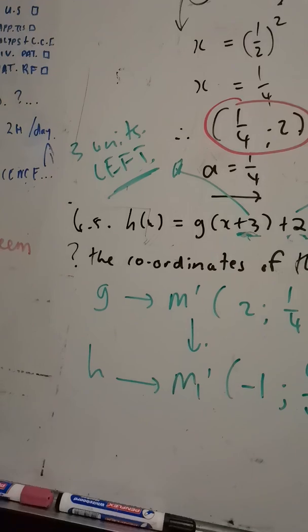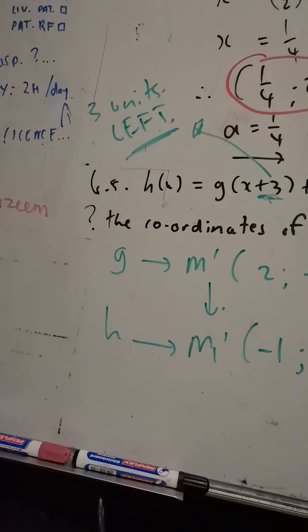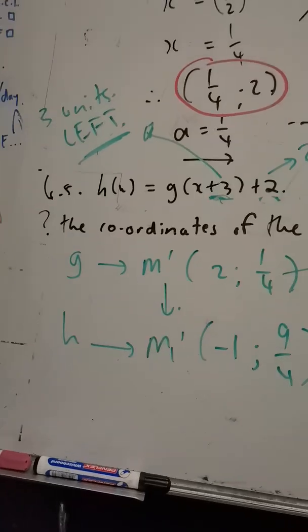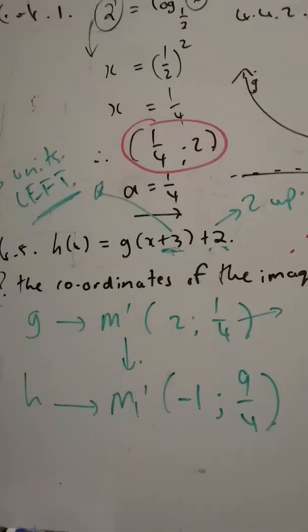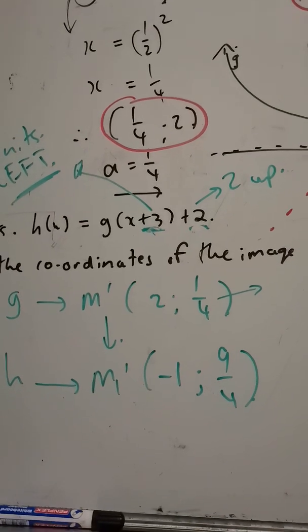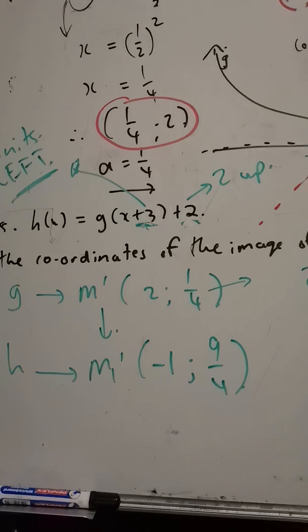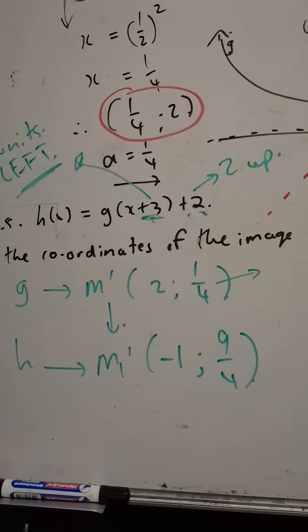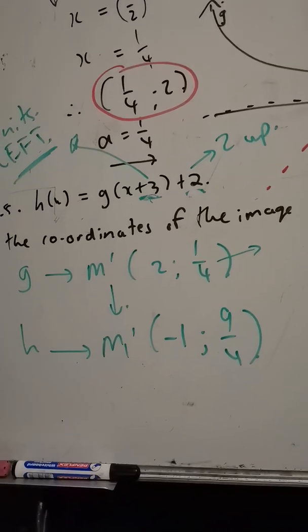Okay, so that is basically answering the question of what the coordinates of the image of m dash on h are. Basically, what is the new coordinate of m dash on h? h is the translated graph.